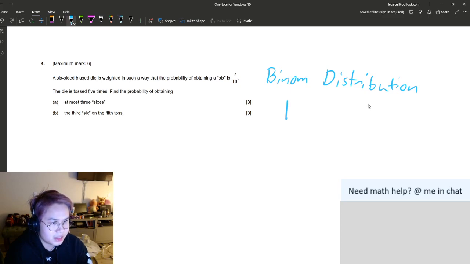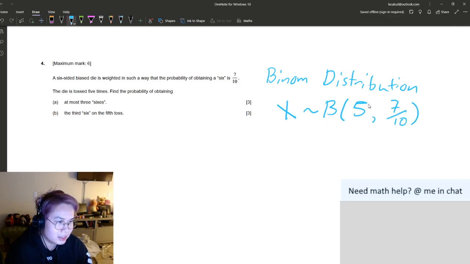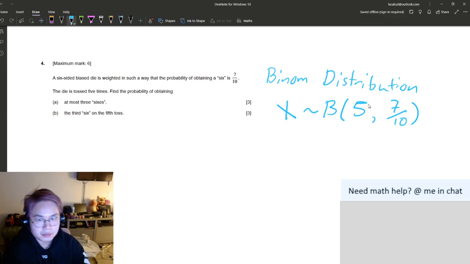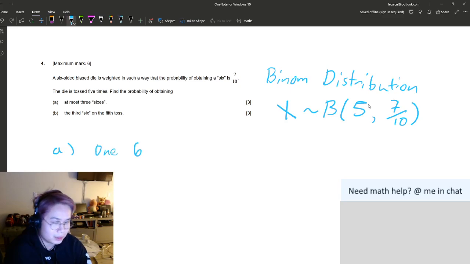And I forgot the notation, but of course this means that your random variable is binomially distributed with, I think it's n comma p. So we have 5 trials, and the probability of each trial getting it is 7 out of 10. And then in part A, we want at most 3 6s. So you could have 1 6. So you need to find the probability of this.